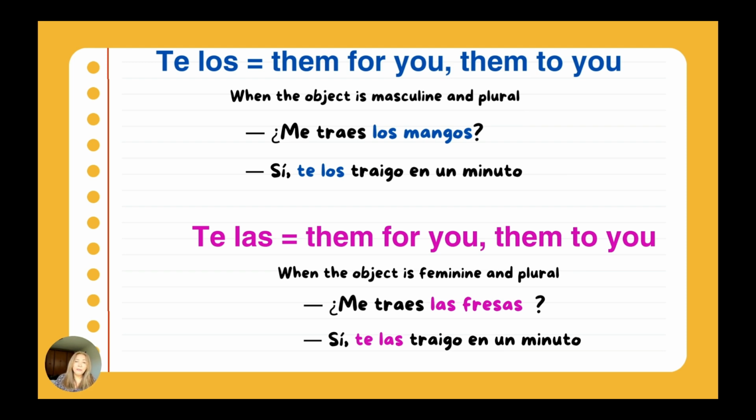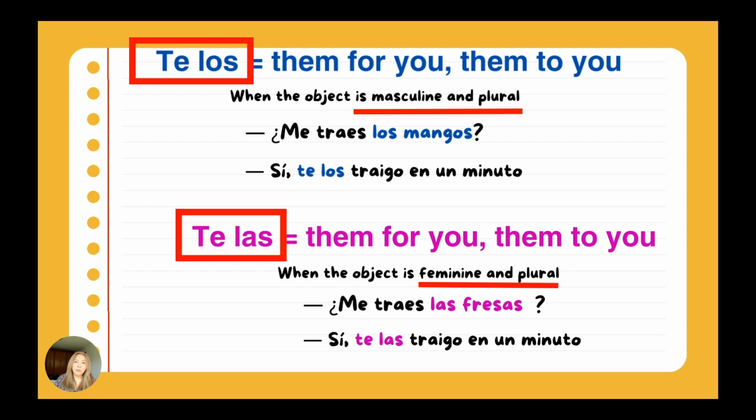And if your object is plural, you have to adjust that lo or that la to make it plural. Te los or te las. Te los if the object is masculine and plural. ¿Me traes los mangos? Sí, te los traigo en un minuto. Can you bring me the mangoes? Yes, I'll bring them to you in a minute.